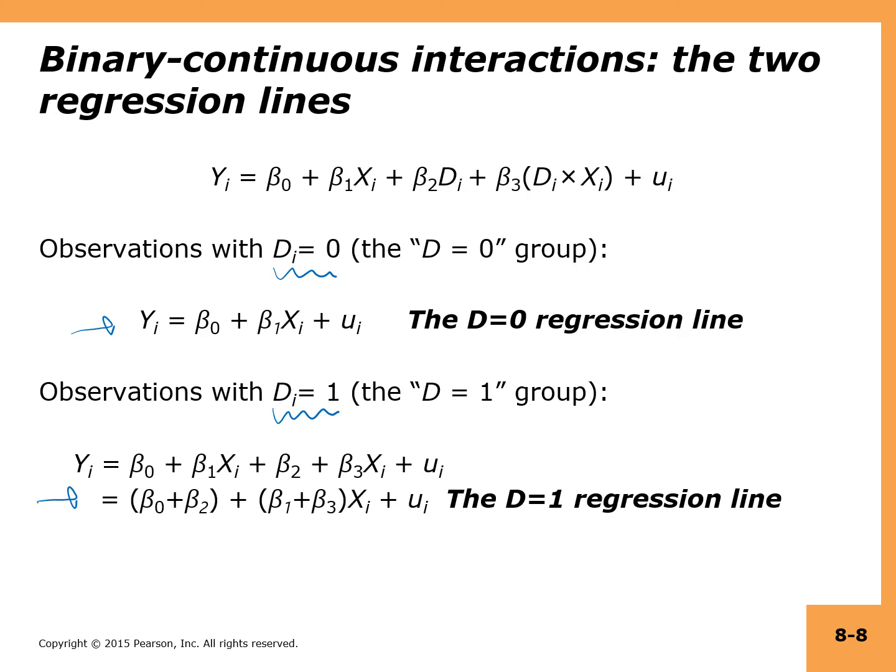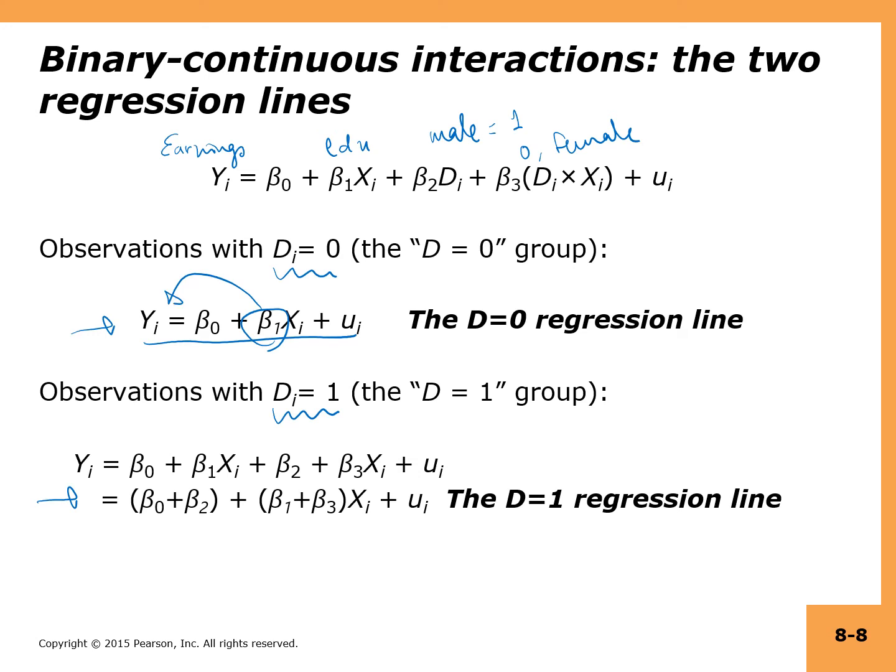Let's think of an example of trying to estimate the effect of education on earnings. So in this case, earnings is the dependent variable and education is a continuous variable. And let's say we have a dummy variable called male, which equals 1 if it's male and 0 if it's a female. In this case, when you have this dummy variable male equal to 0, we get one regression line, which measures the effect of education on earnings for only females.